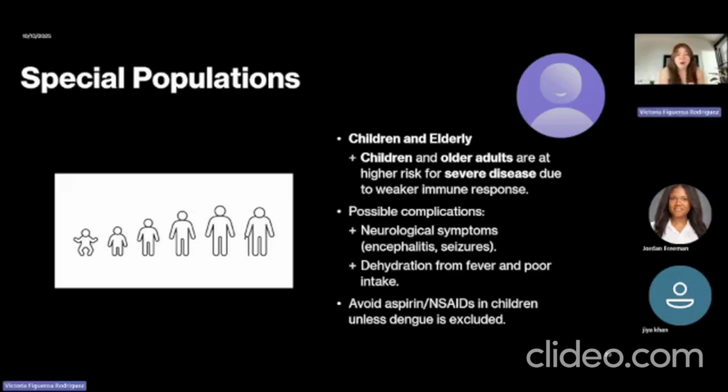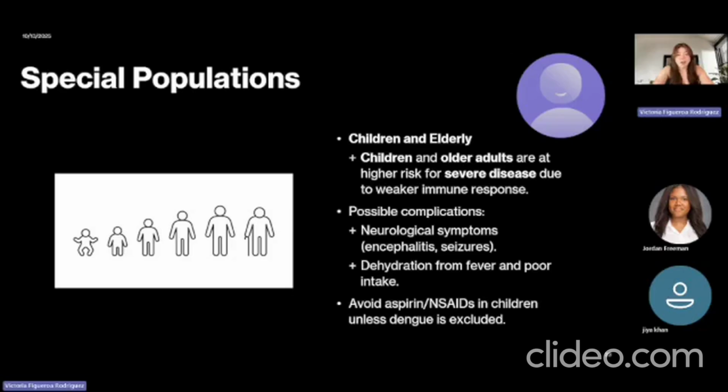And once again, we want to avoid aspirin and NSAIDs in children unless we are 100% sure they do not have dengue and it is chikungunya, since chikungunya and dengue are easily confused with each other.